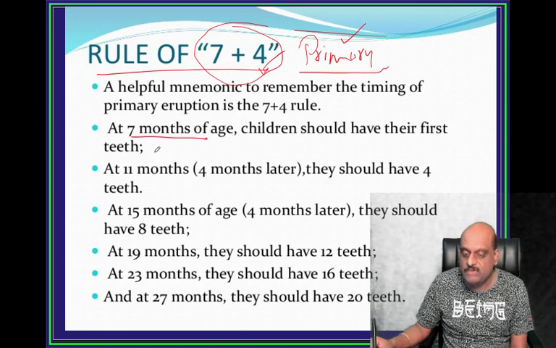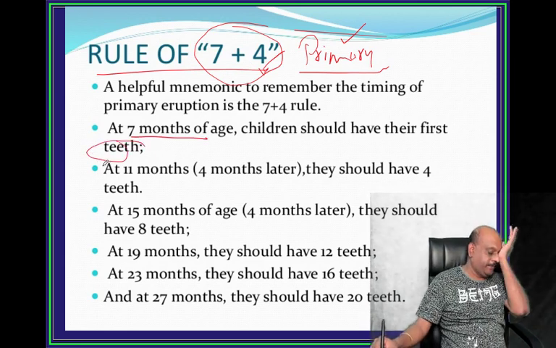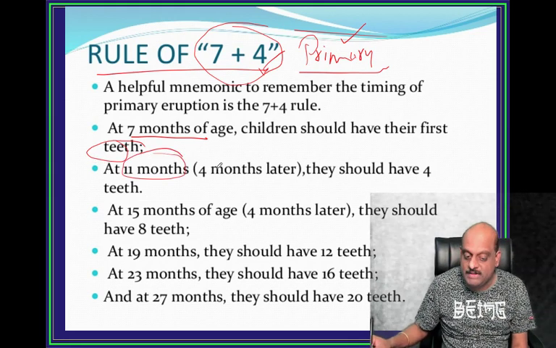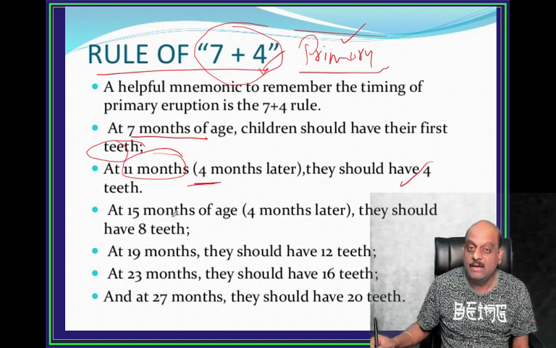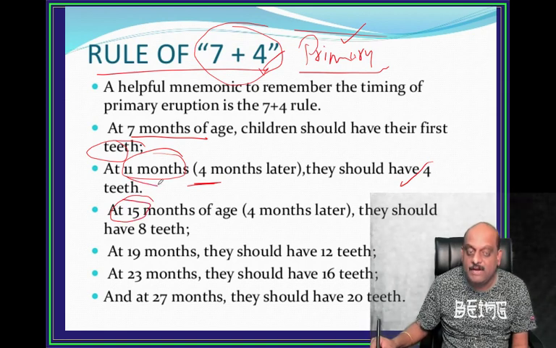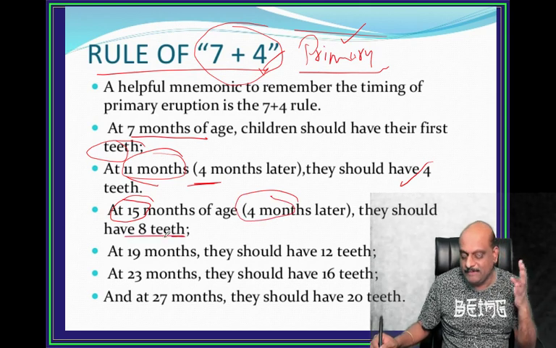So, primary teeth. At 7 months of age, the children should have their first teeth. At 11 months, 4 months later, they should have 4 teeth. At 15 months, 4 months after 11 months, they should have 8 teeth.